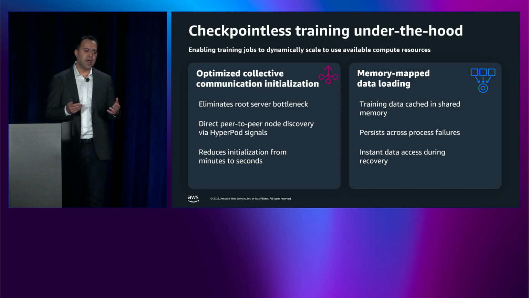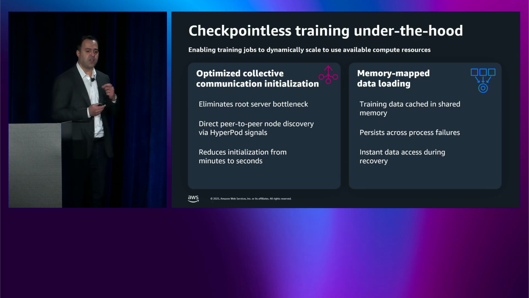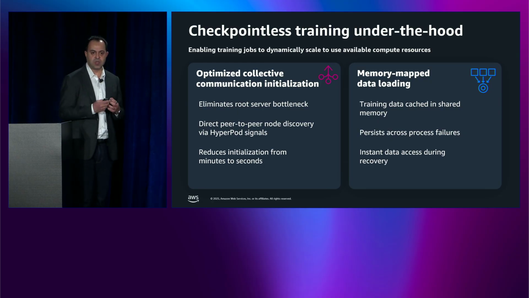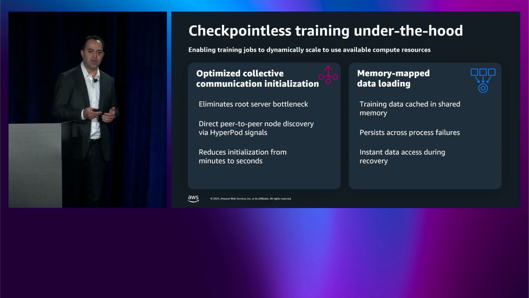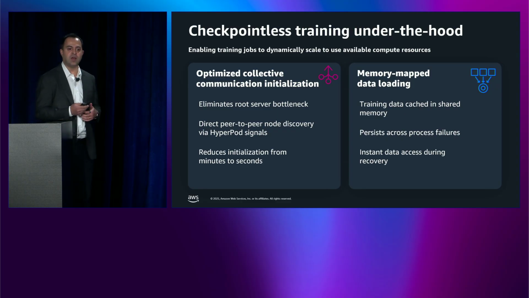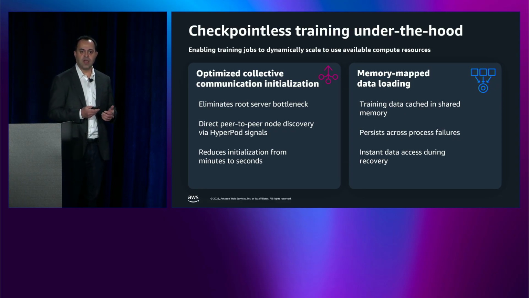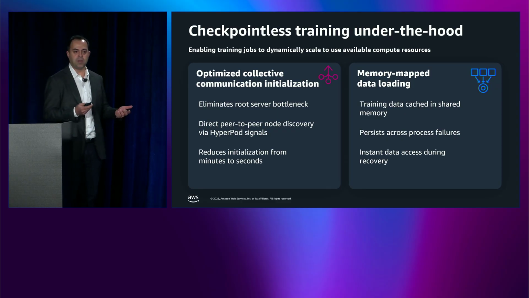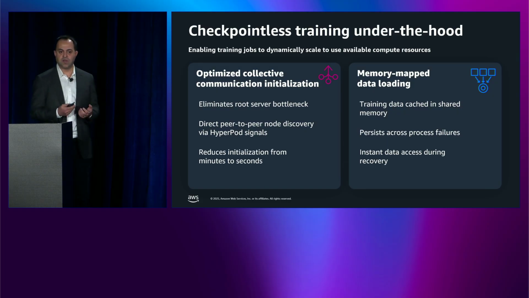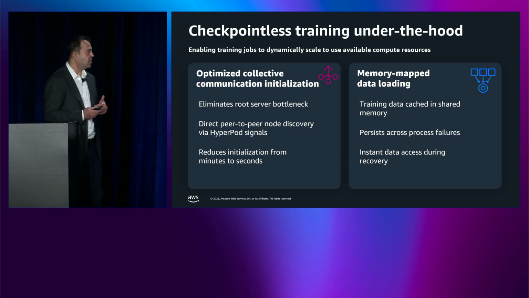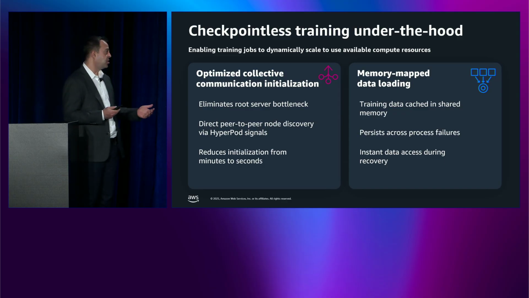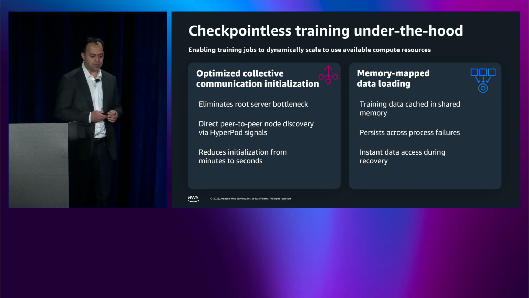And traditionally, there's a central root server that coordinates establishing all those communication channels, and that creates a big bottleneck. So with this capability, we've gotten rid of that centralized root server, and we've developed a new peer-to-peer mechanism for nodes to discover each other and establish communication channels. That reduces the communication initialization from minutes to seconds.